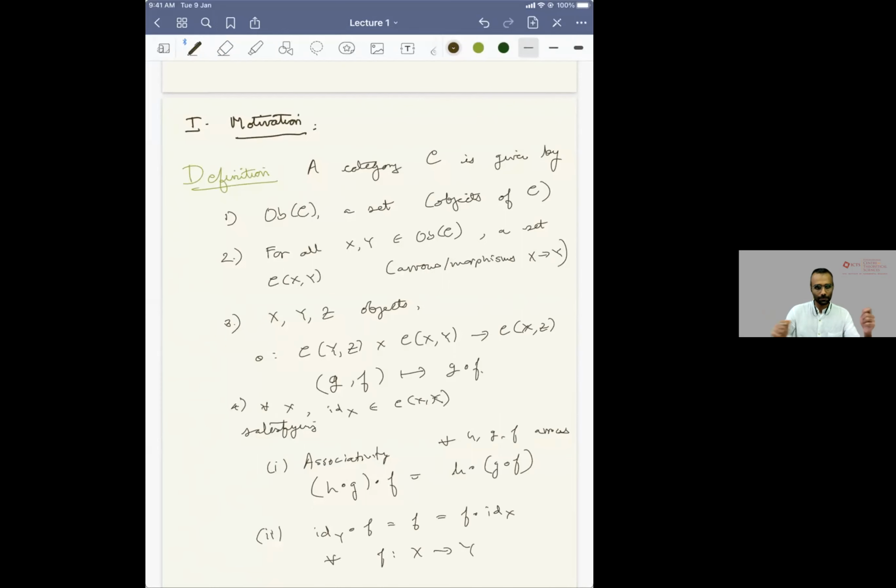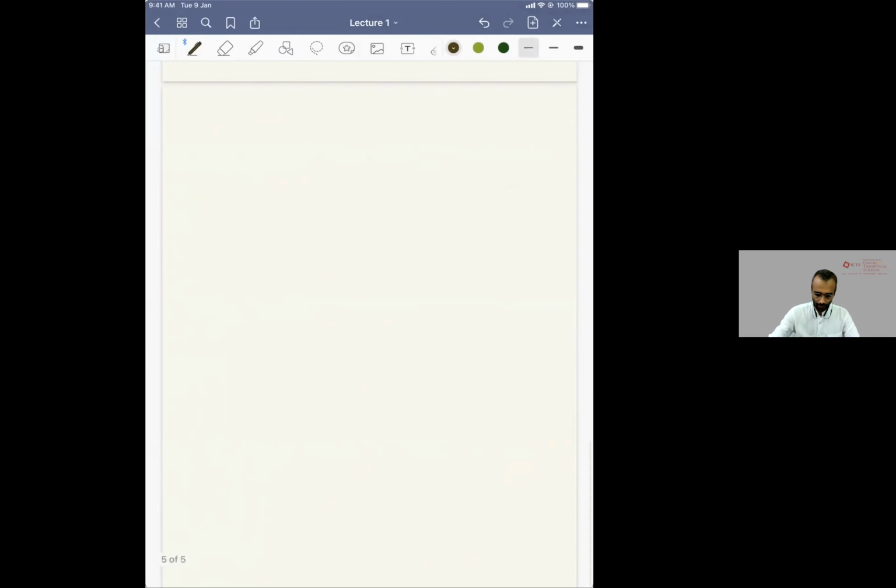So you have a collection of objects, arrows between them. You can compose two arrows to get a third arrow, and that composition is associative and has identities. Okay, so let me give you some examples. So you could look at Top.